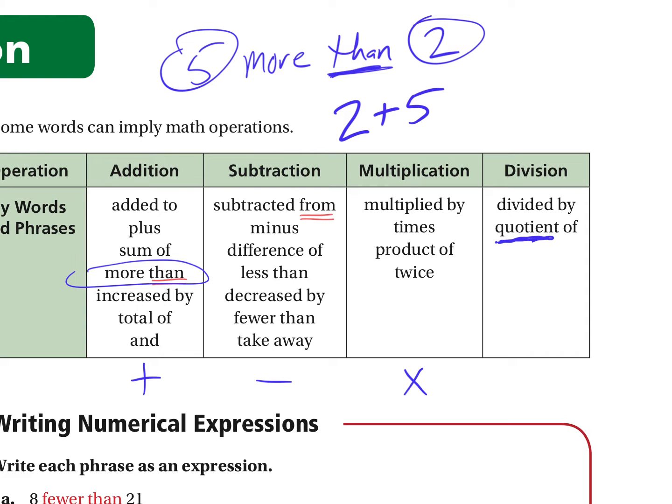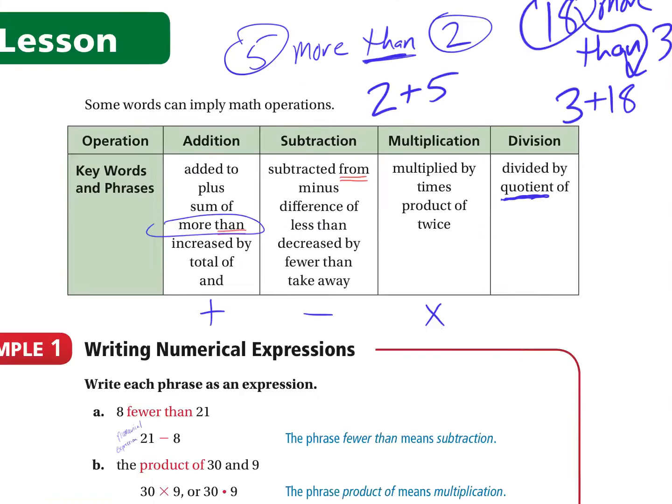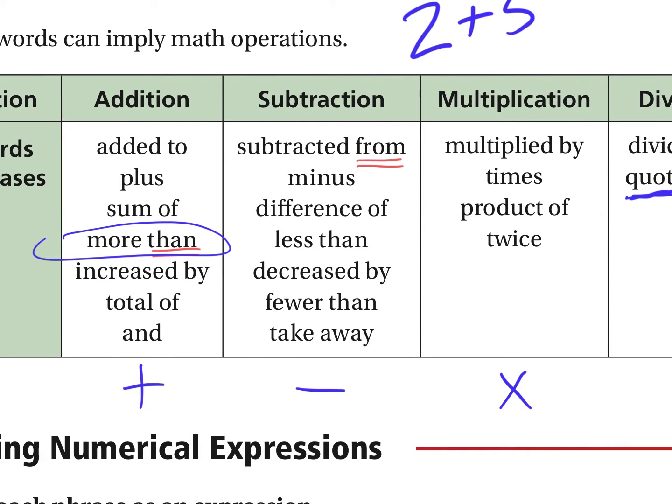The same as if I had 18 more than 3. That means I start with 3 and I have 18 more. So that first number is actually coming second in my expression. And then the other one, though not as difficult, I don't think, is subtracted from.